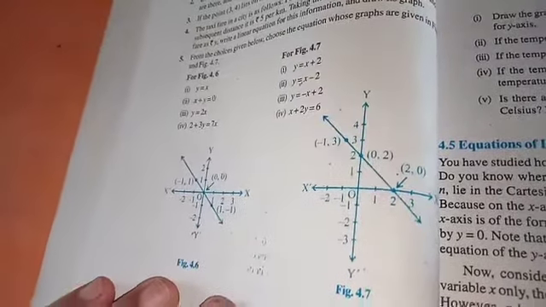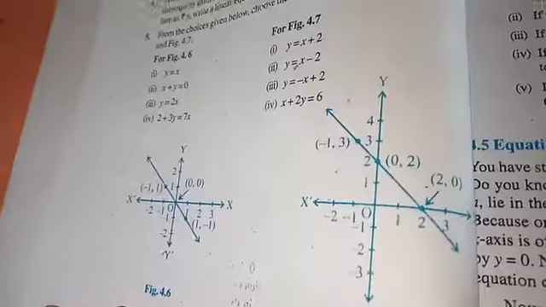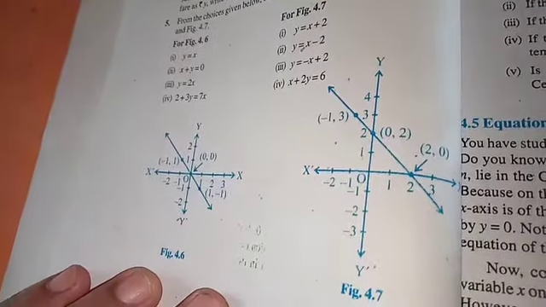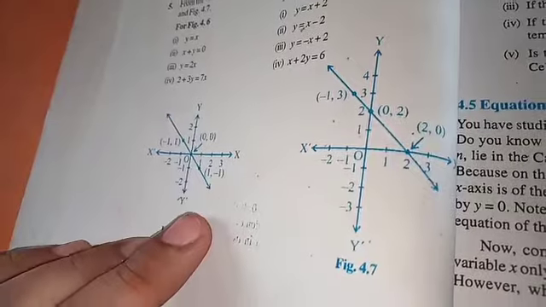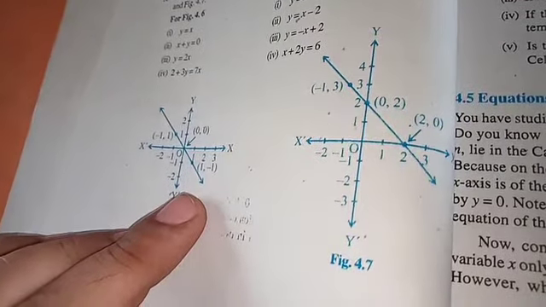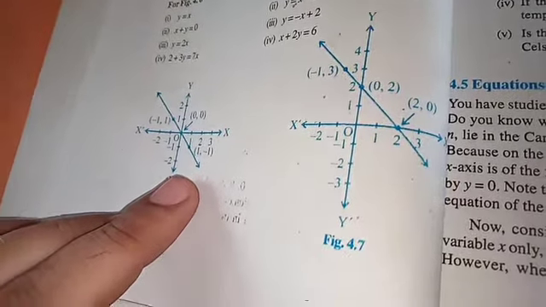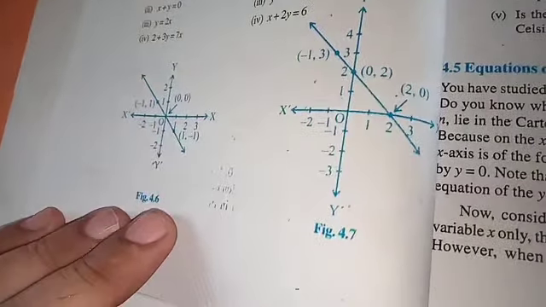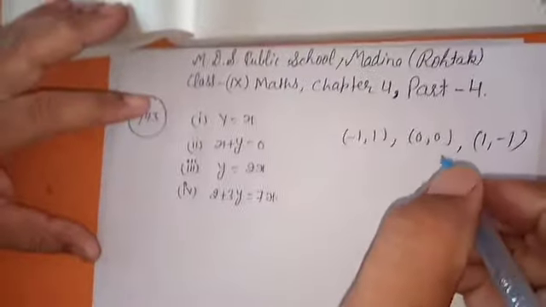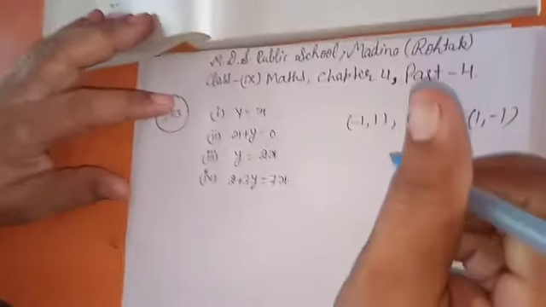in figure 4.6 and 4.7. At what points can we check? We can check -1 and 1, 0 0, and one more given here, 1 and -1. So many points lie on this. If any equation satisfies these coordinates, then it satisfies the remaining also.